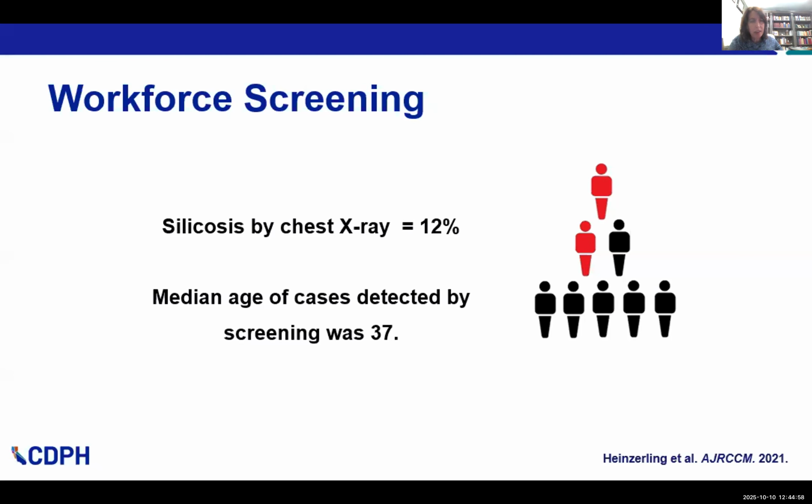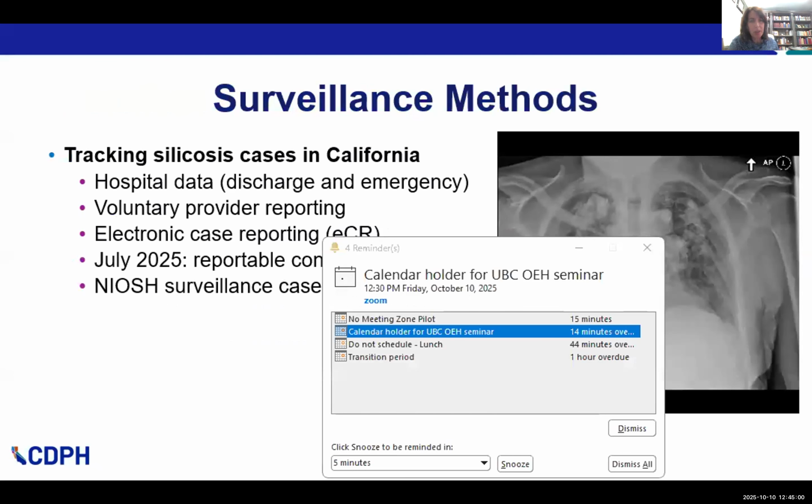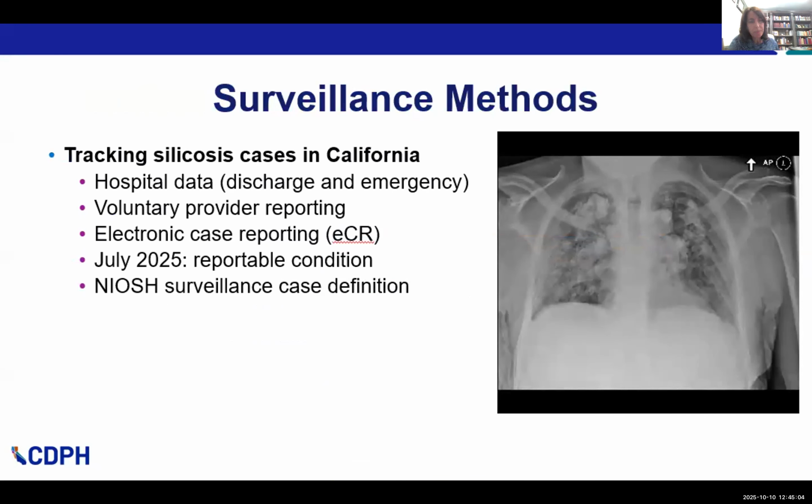And so after that kind of index case and experience in that workplace, we began expanding our surveillance efforts to track silicosis across the state. We continue to use that hospital data, both discharge and emergency room data that we have access to. There has also been some voluntary provider reporting as we've increased awareness of the problem.